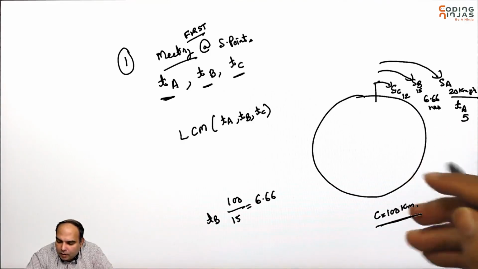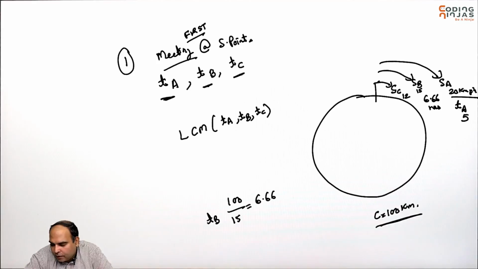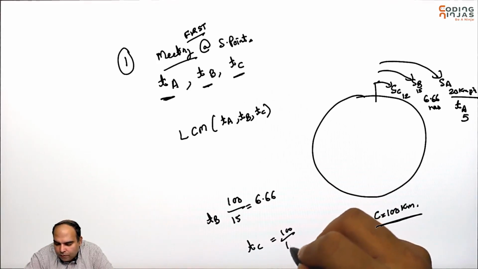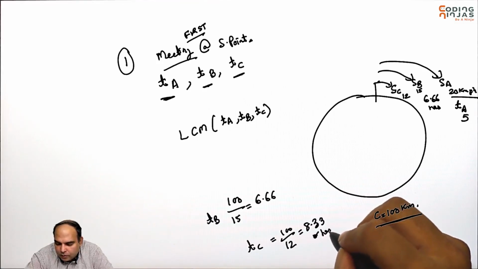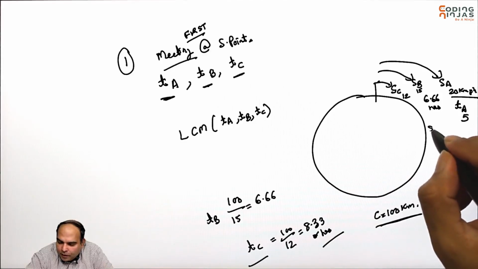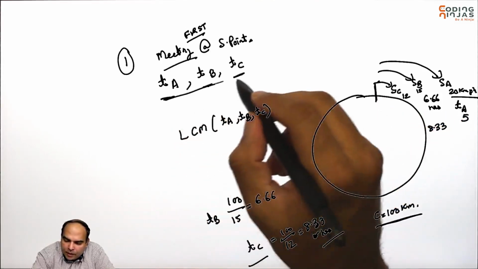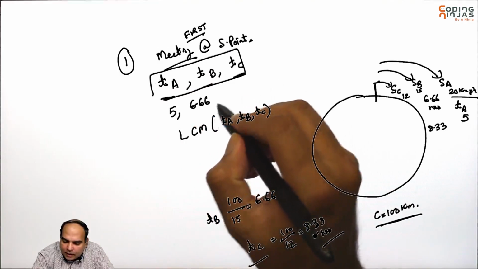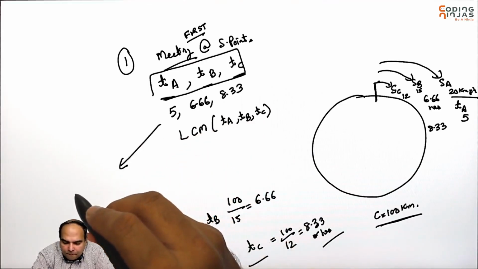And for TC, the circumference is 100 and the speed is 12 kilometers per hour, so TC is 100 by 12, which is 8.33. This is time, so the units will be hours. So TC is 8.33 hours. The first meeting at the starting point will be the LCM of TA, TB, TC. TA is 5, TB is 6.66 and TC is 8.33.